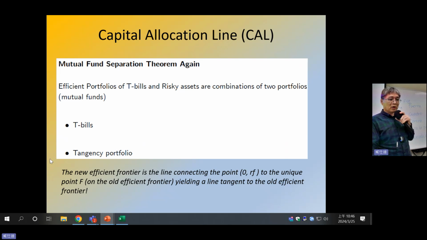You can see the new efficient frontier is a line connecting the point RF to the unique point F. That point will be on the old efficient frontier, and that will generate a line tangent to the old efficient frontier.